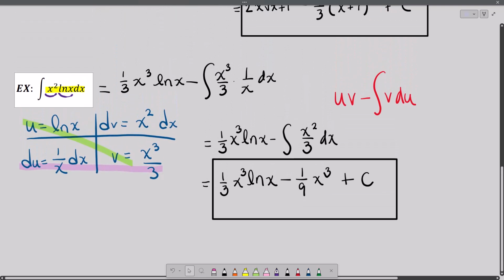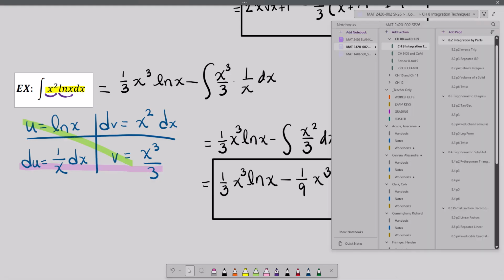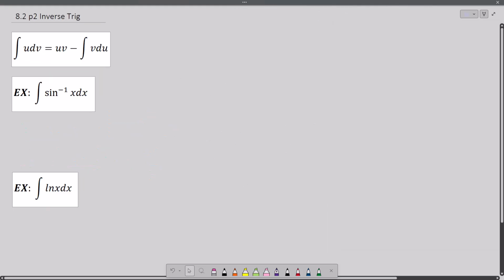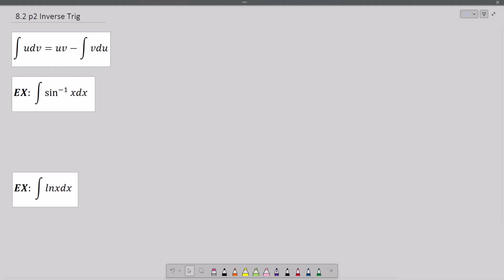Funny as it may be, what we are going to see next is that we can use integration by parts even when we don't have a product. So this is going to be interesting. We've got these functions like arcsine, natural log, arctangent, functions that you can easily differentiate, but you've never been asked to integrate.